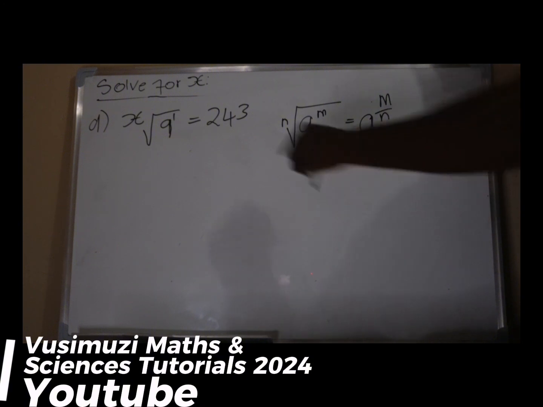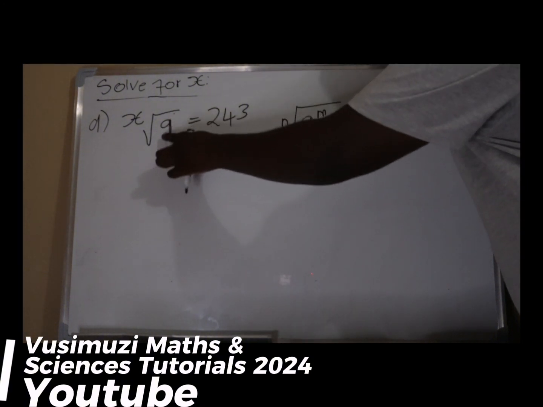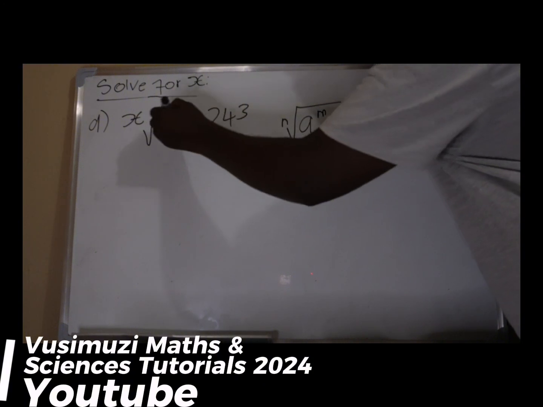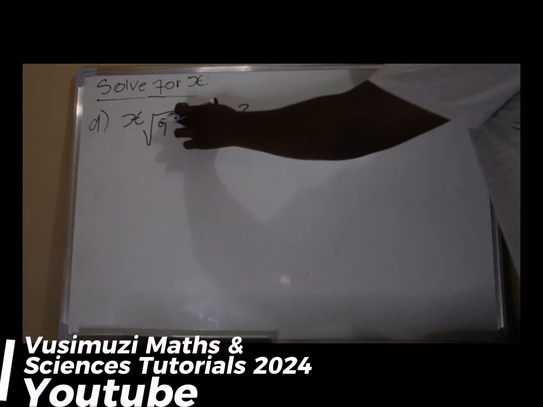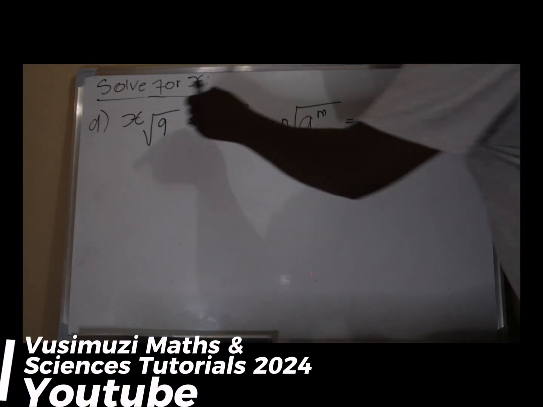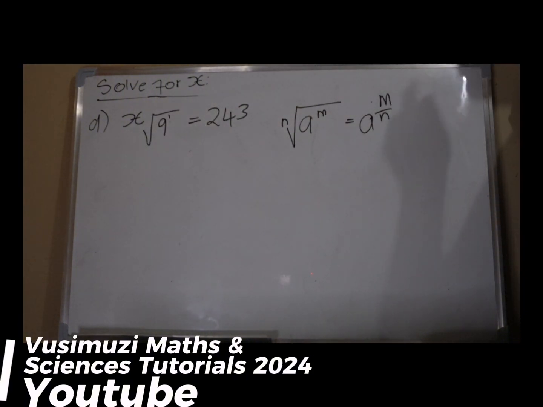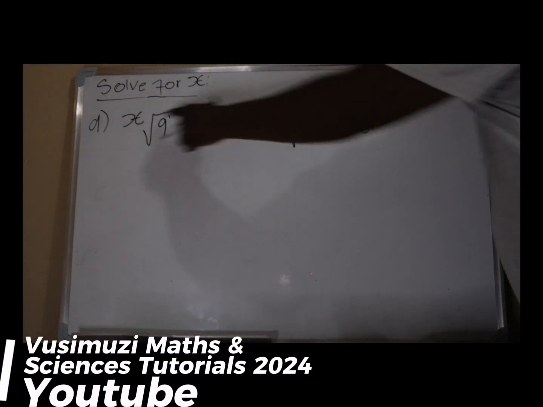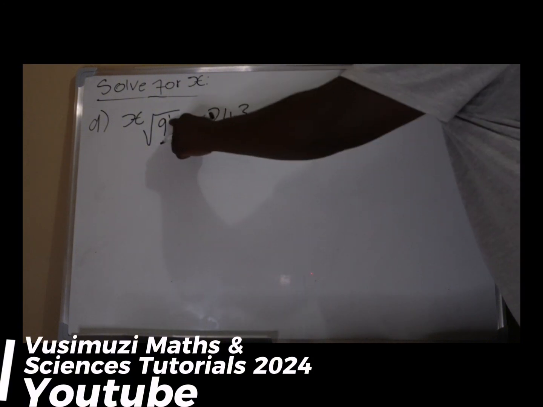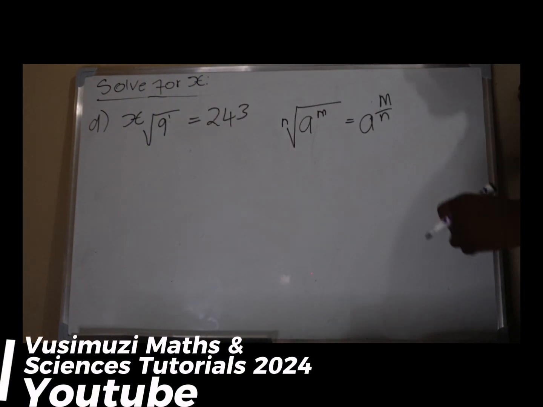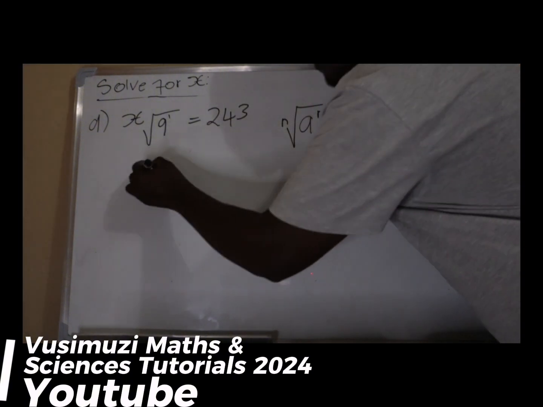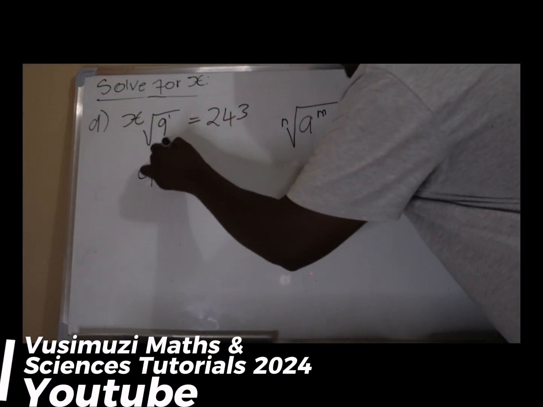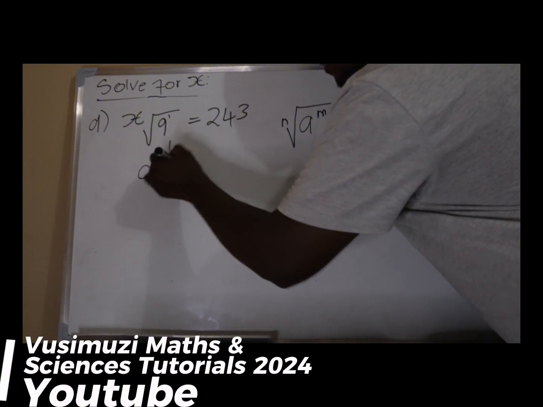Now, I'll check 9. We have the x root of 9. Remember, if there's nothing here, it is 1. It's 1 that is invisible. In this case, n is x, m is 1. How do you remove the root sign? We say 9 to the power 1 over x.